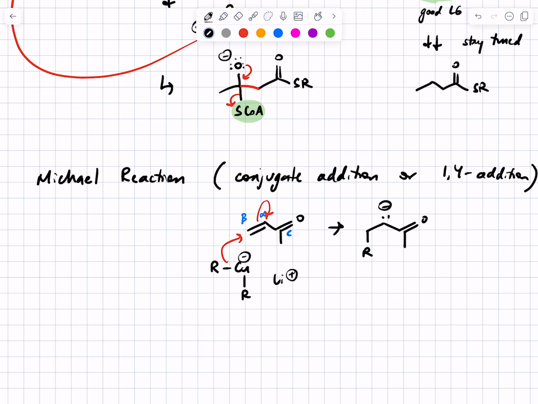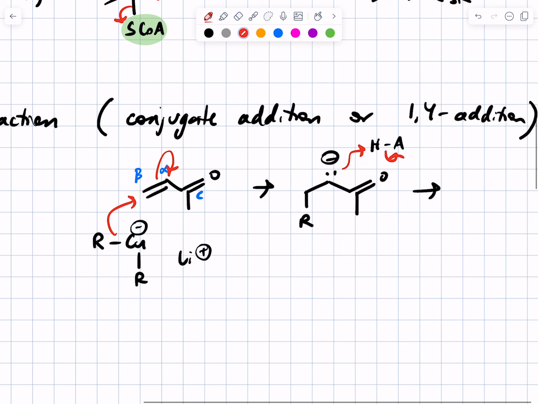So we'll just show an abbreviated mechanism that avoids worrying about that tautomerization step that we've already talked about. This is the product of conjugate addition to that alpha beta unsaturated carbonyl compound, right?